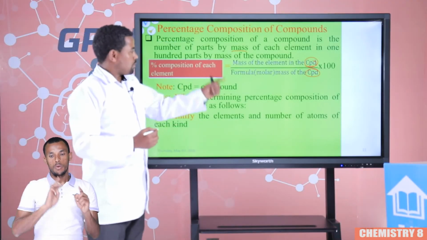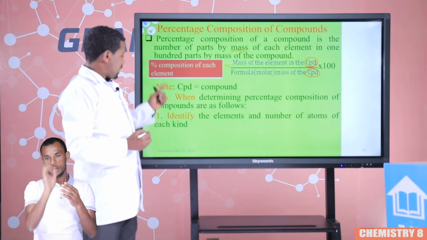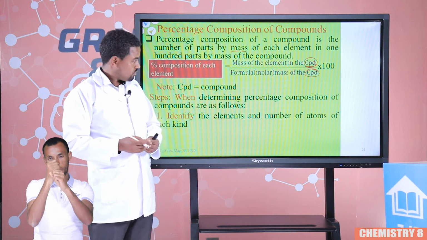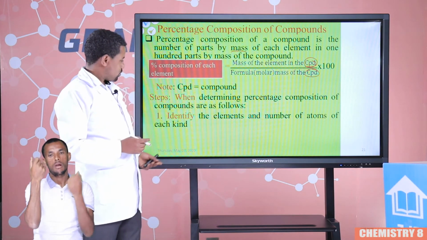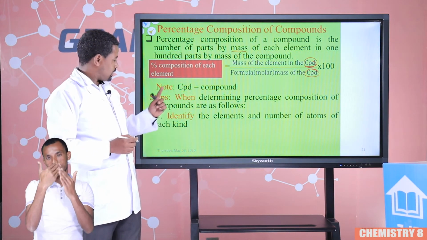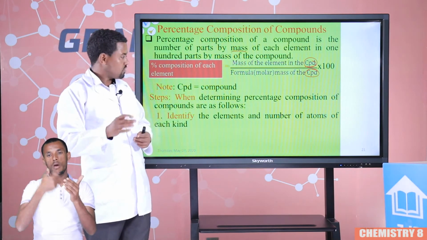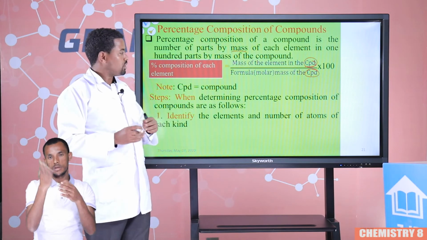When we determine percentage composition, we have to follow certain steps to make it clear for your understanding. The first step is to identify the number of atoms or the types of elements in each compound.